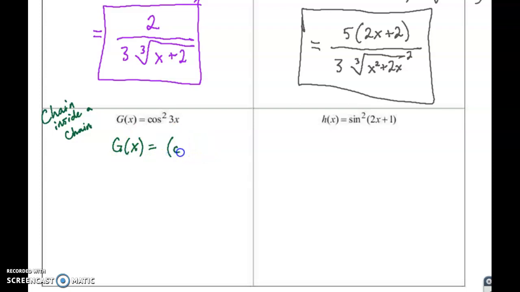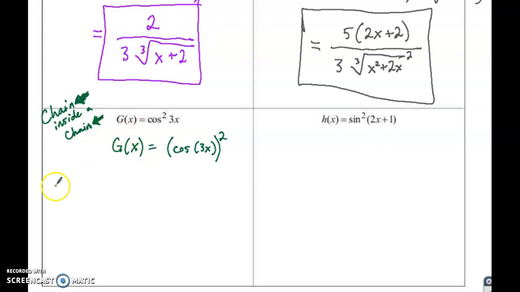That this is really cosine of 3x, even though there's no parentheses there, that value being squared. So what I'm saying is there's an innermost function, and then there's like an in-between inner function, so you got to pay close attention.